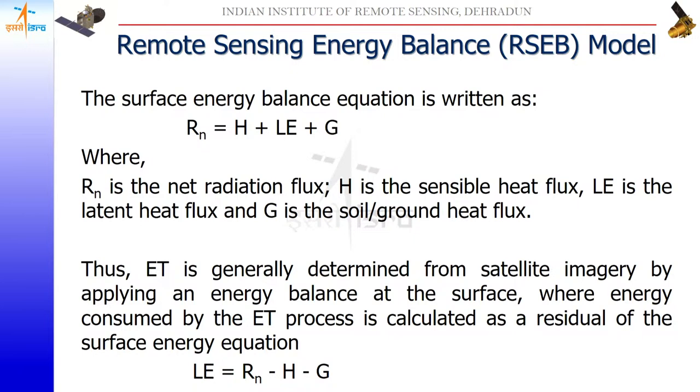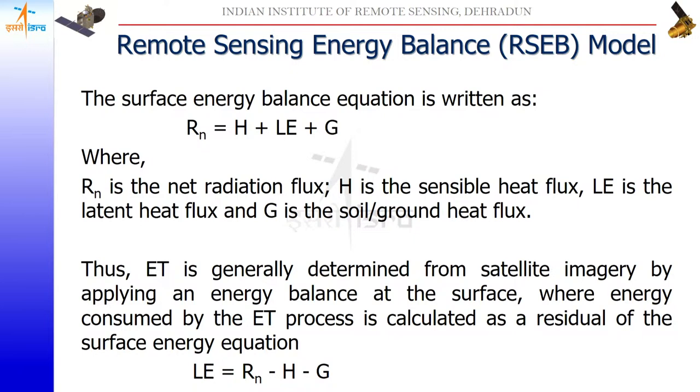If I say net radiation, net radiation is the total of incoming minus outgoing radiation flux which is available on the ground, and because the sun is the prime source of energy, solar radiation is the main integral part of the computation of net radiation flux.